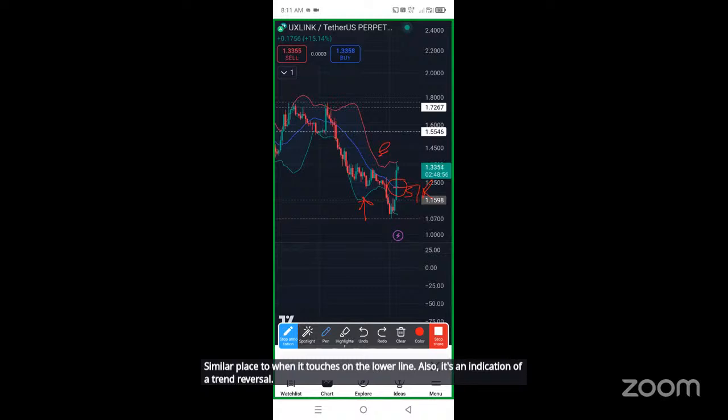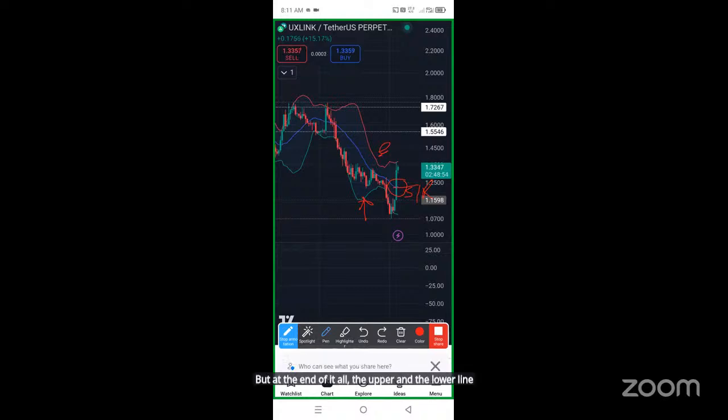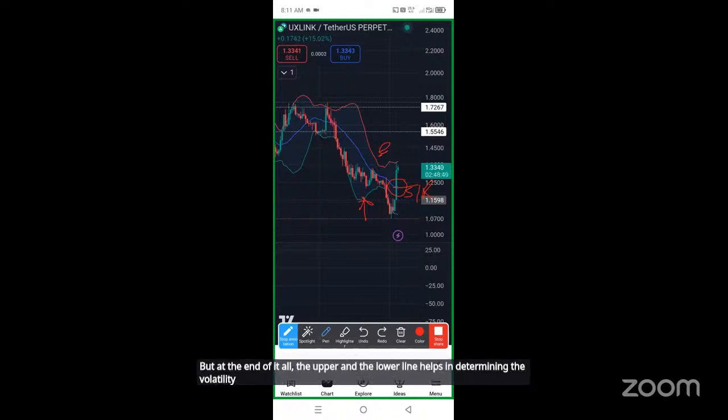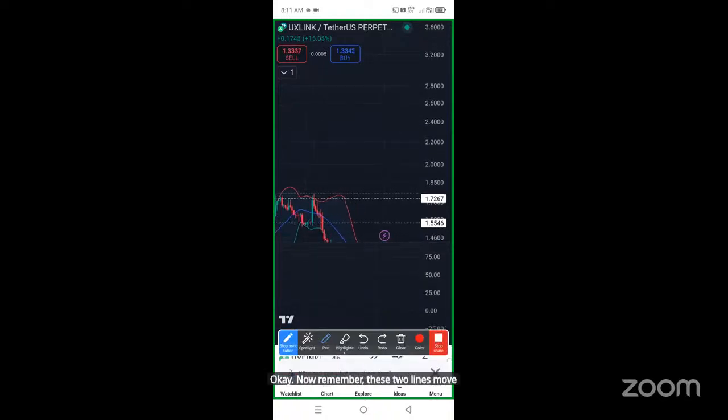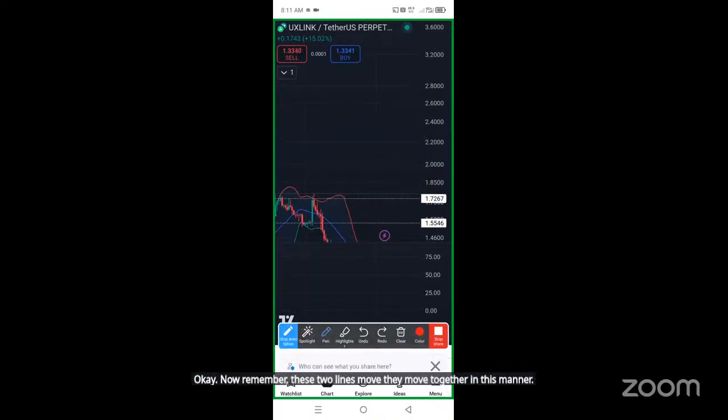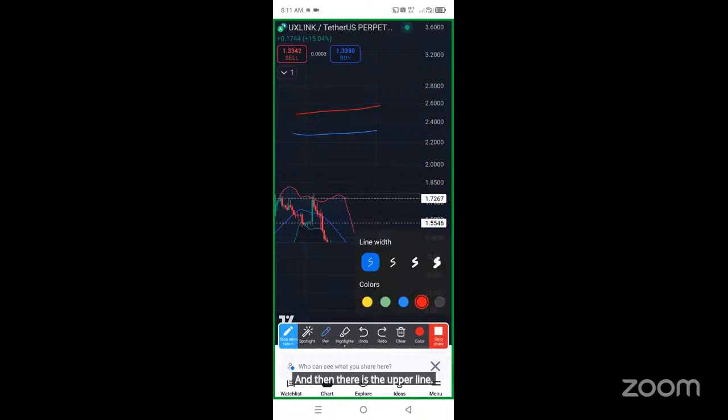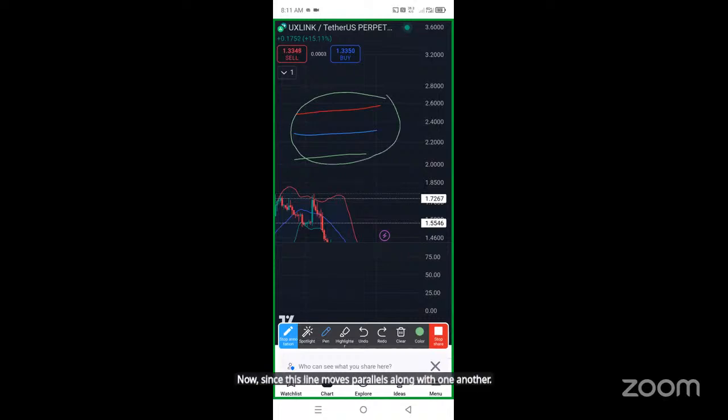But at the end of it all, the upper and the lower lines help in determining the volatility of the market. Remember, these two lines move together. There's the middle line, which is the blue line, then the upper line, and the lower line. Since these lines move parallel to one another, it helps us determine the volatility of the market.